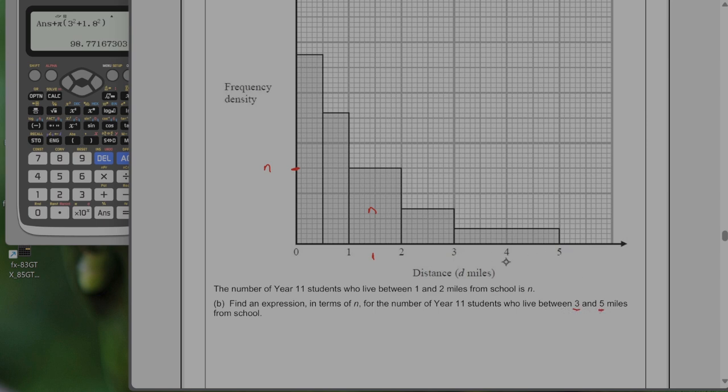So this is going to be a bar of 2. So if that's n, that's not overly nice. So that's n over 3, 2/3 of n, and that's 1/3 of n.